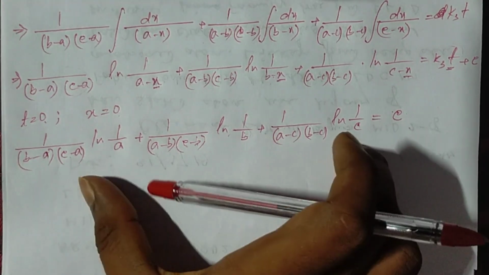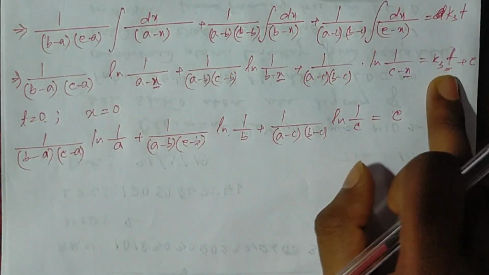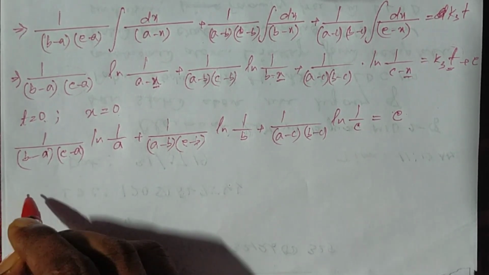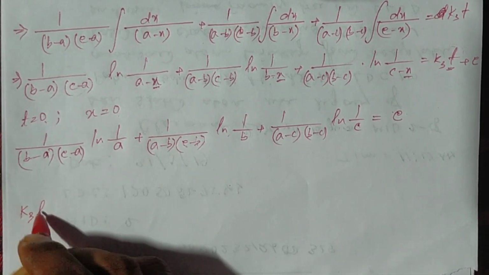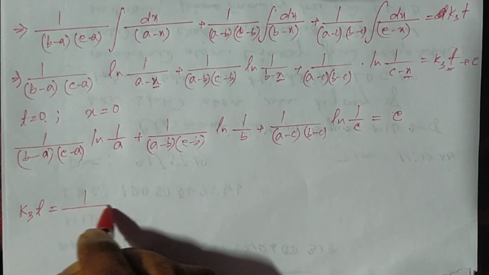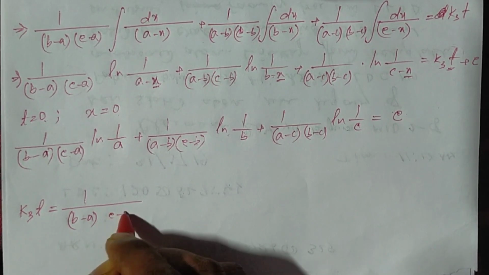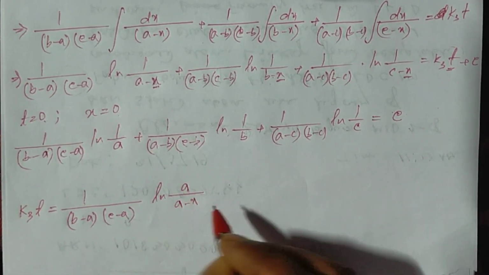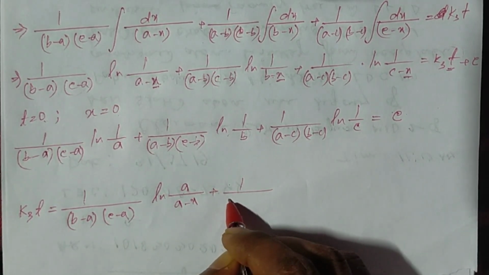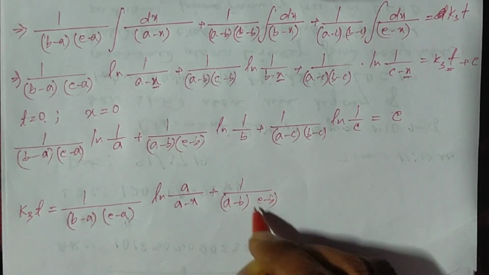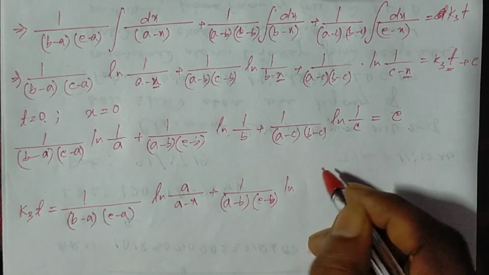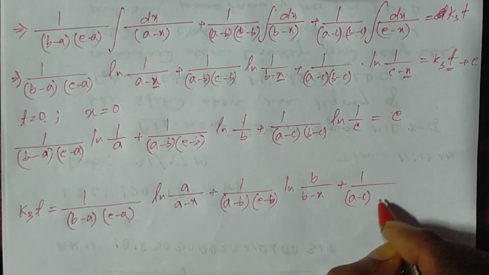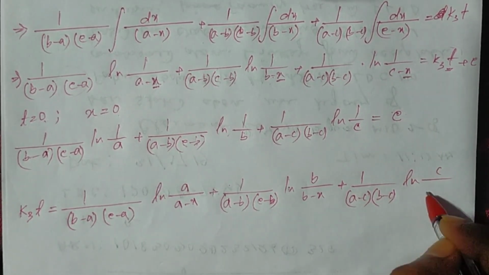So when we put this value of the constant in this equation, the final equation will be K3t equal to 1 by (B minus A)(C minus A) ln A by (A minus x), plus 1 by (A minus B)(C minus B) ln B by (B minus x), plus 1 by (A minus C)(B minus C) ln C by (C minus x).